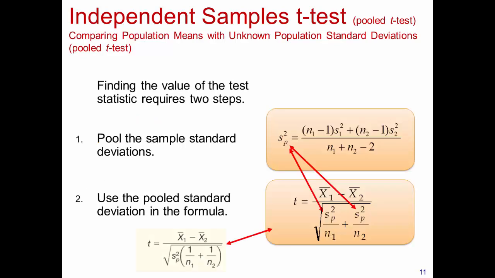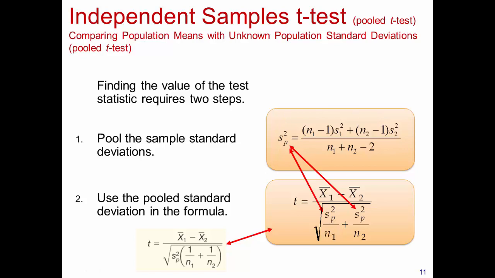In this approach, it's a little bit different in that we have to take two steps in order to calculate the value of the test statistic. The first thing that we have to do is pool our sample standard deviations, and to do so, we use this formula on the top.